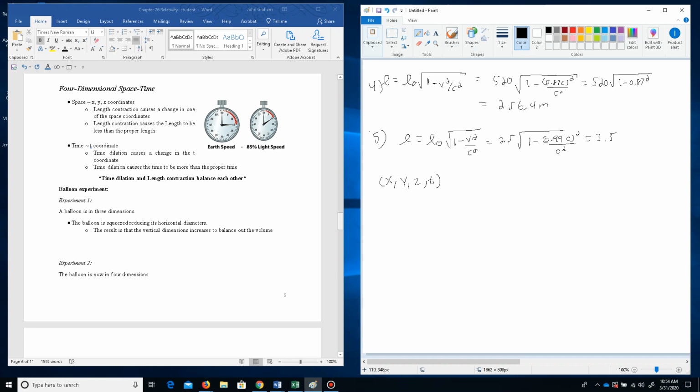And the idea is if you have any change in one of these 3 being smaller, which would be a contraction, you get a longer time, which would be the time dilation.